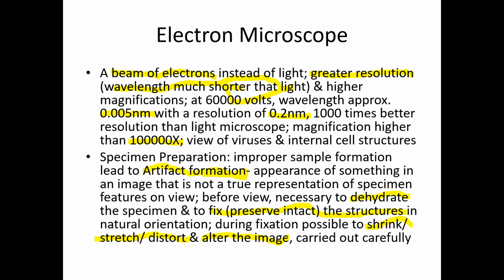Fine. So also we have to take care that the specimen will not shrink or stretch or distort, which may lead to alteration of the image. Clear? So that means we have to carry out specimen preparation in electron microscope with utmost care, even more careful than light microscope.